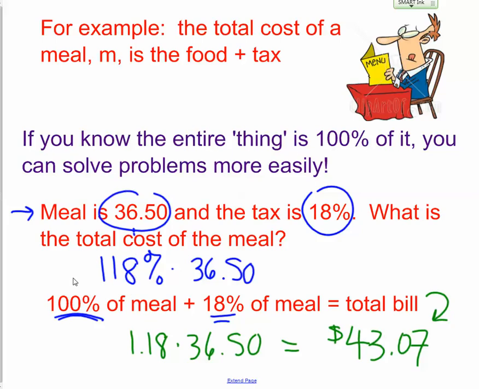If I just add the 100% and the 18% to get 118%, I just need to multiply the cost of my meal by 1 and another 18 hundredths. If I make this into a decimal, remember it's two decimal places if I'm taking out the percent sign, I multiply and I get my total bill price, which is $43.07.